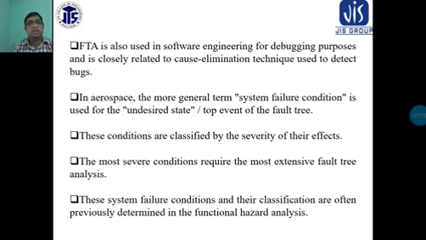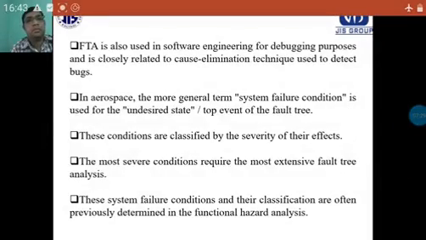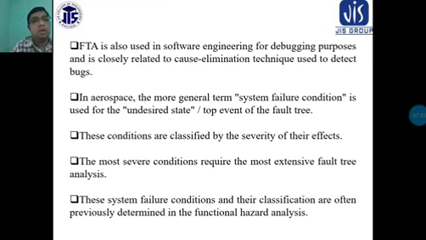This is the more general term: system failures that come out from the conditions are used for the undesired states, and the top event of the fault tree is the undesired state.